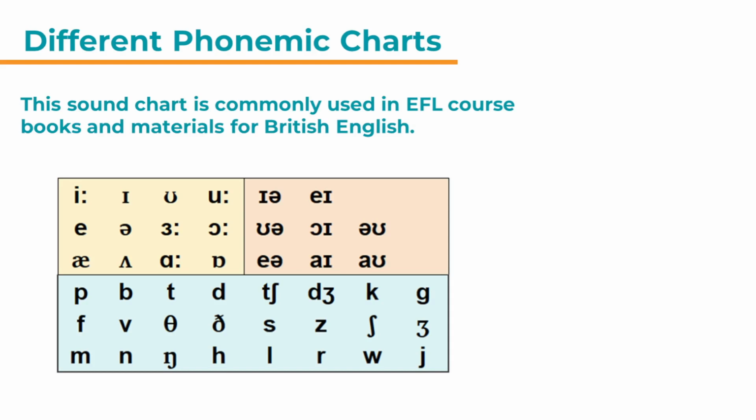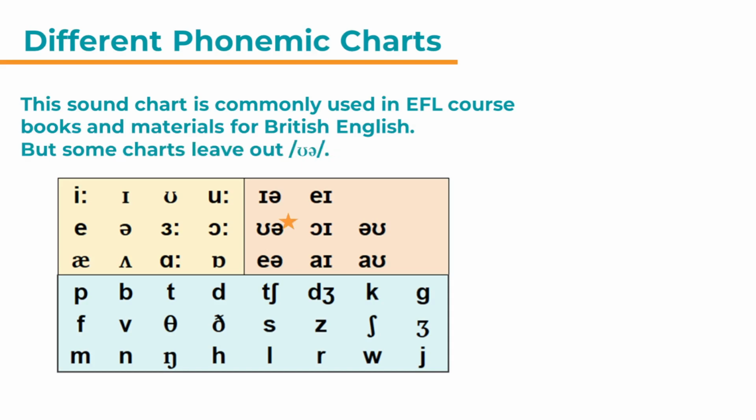We have a section for the monophthongs, another one for the diphthongs, and at the bottom we have the consonants. And the chart shows all 44 sounds of English, but to be precise, of British English.